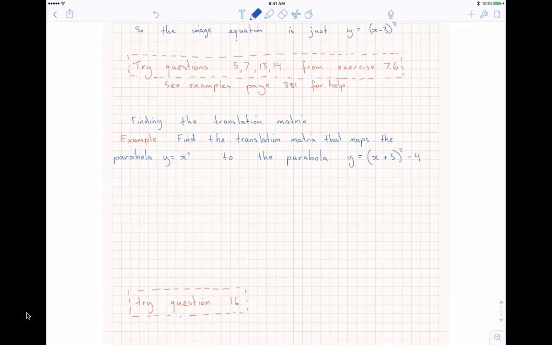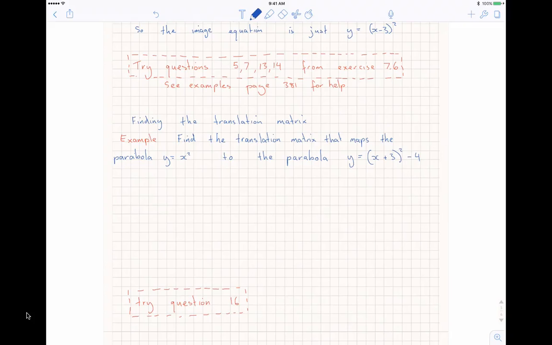So if instead of being asked for the image equation, we're just asked to find the translation matrix, an example could be to find the translation matrix that maps the parabola y equals x squared to the parabola y equals x plus 3 squared minus 4.